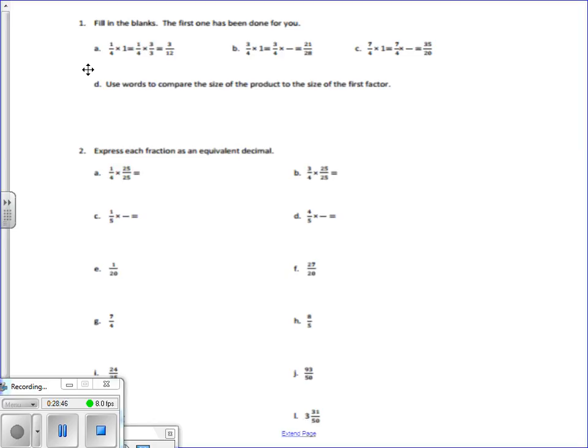What could you multiply by 3/4 to make it equal to 21 over 28? 7. That's not a fraction. 7 sevenths, because that's equal to 1 and that would make 3/4 equal to 21 over 28. Does that make sense? Yes. Then you do the same thing for C.